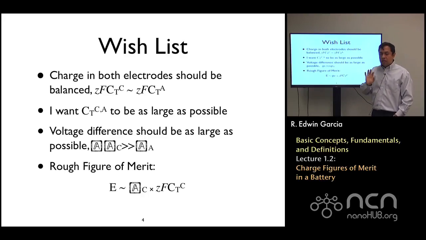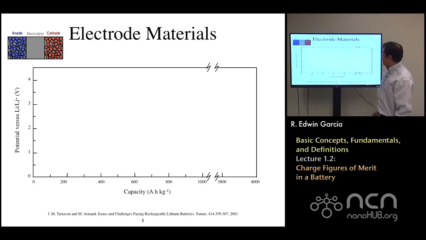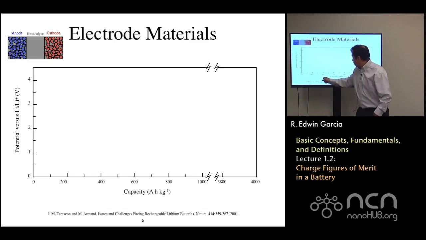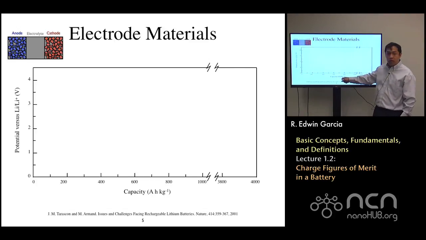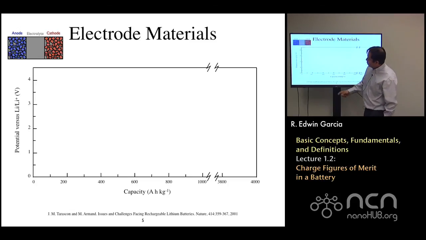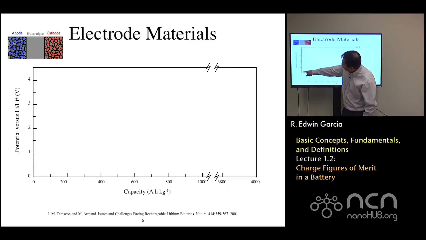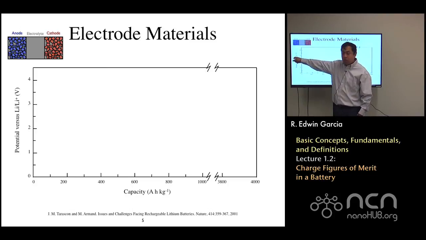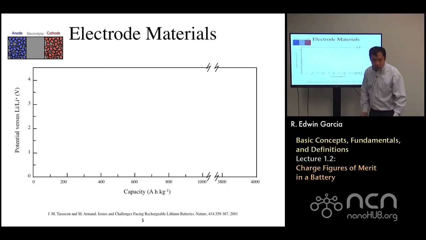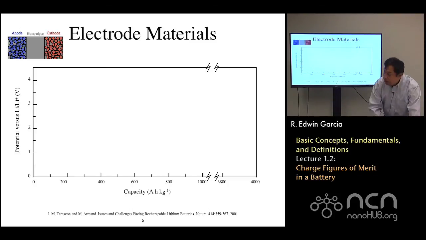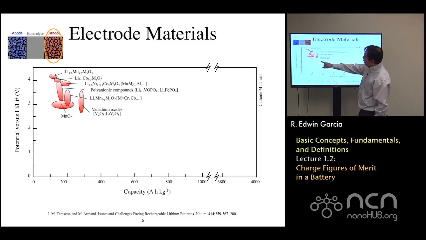In practice, it's never like this. What happens, however, is that if we plot charge capacity, in this case on a per kilogram basis, in the x-axis versus material potentials, in this case with respect to the lithium reference, we find that all the cathodes actually have different numbers.